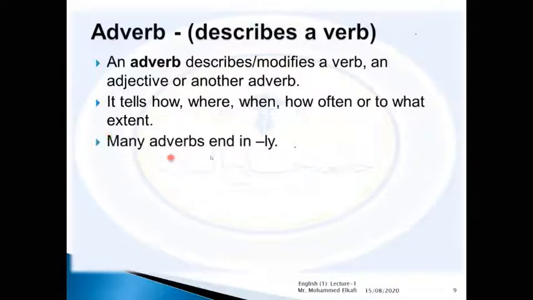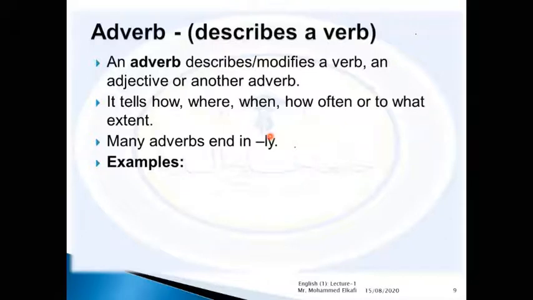And many adverbs end in what? Ly. So we'll find a lot of different types of adverbs that end in ly. Recently. Polite, politely. We'll add ly to the main form of the adjective. Sometimes we'll find just a word built with ly.